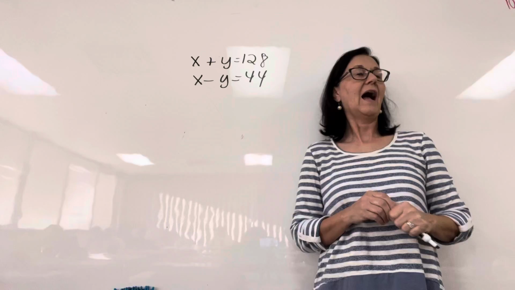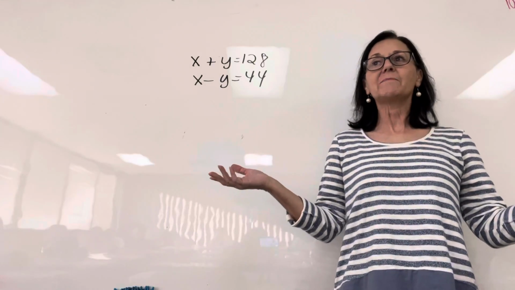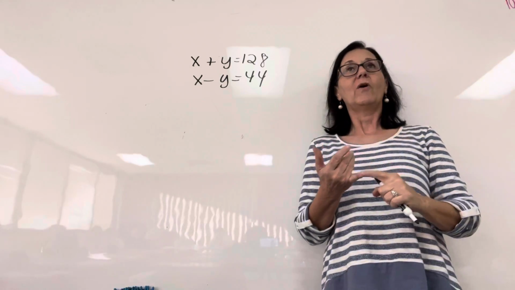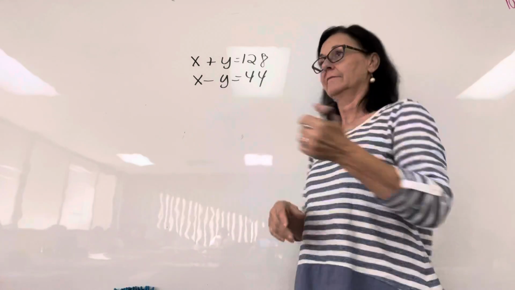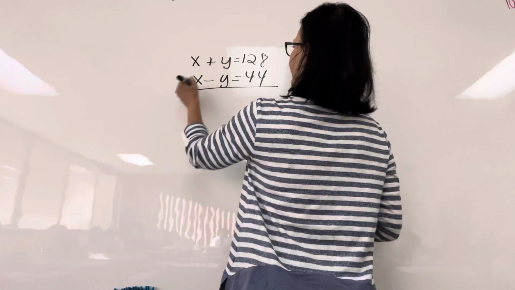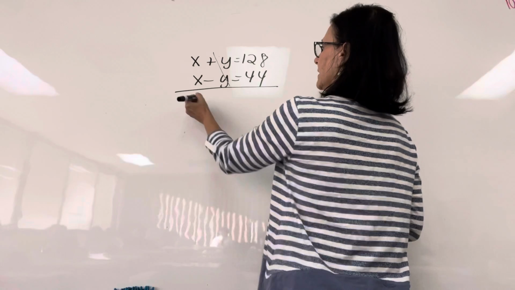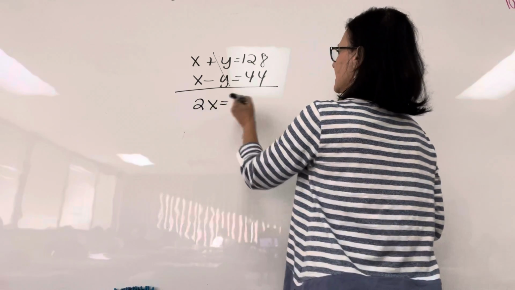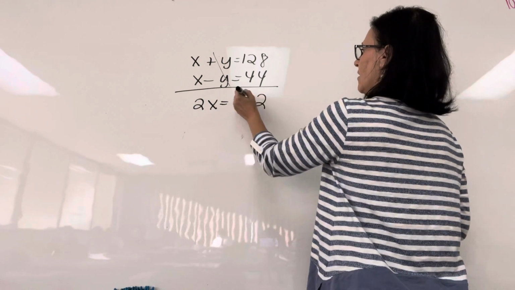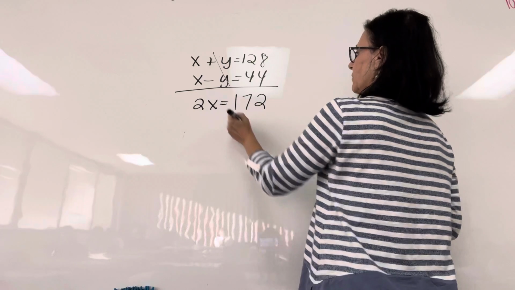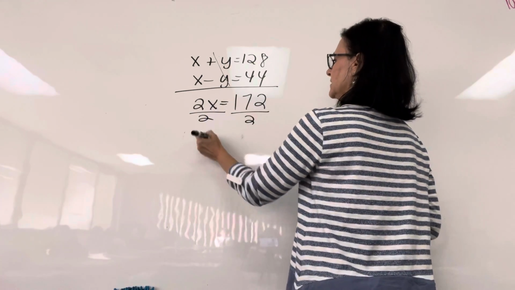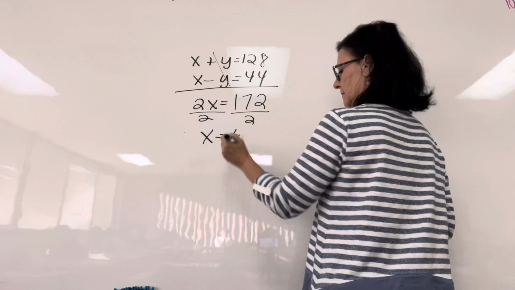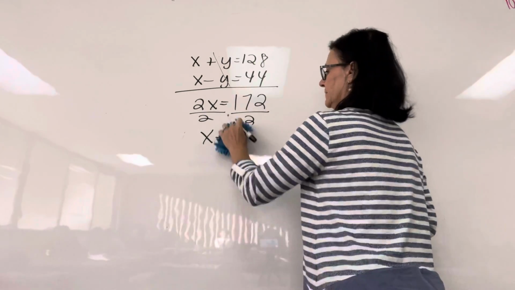Yes, Corinne? I absolutely want to eliminate because my y's have the same coefficient, opposite sign, right? So when I add them, my y's eliminate. I'm left with 2x equals 172. What happens when we divide by 2? What's the value of x? 86. Yes.